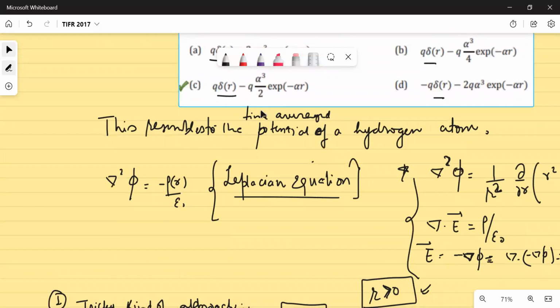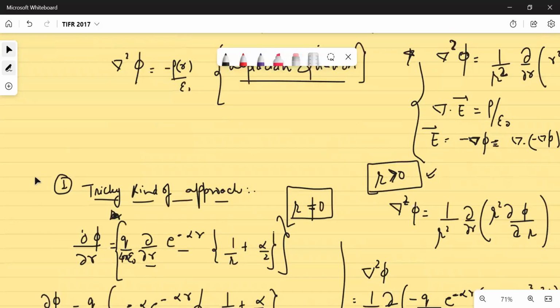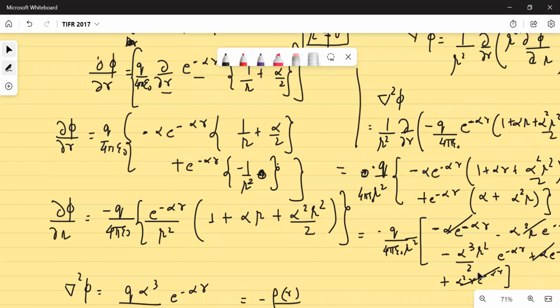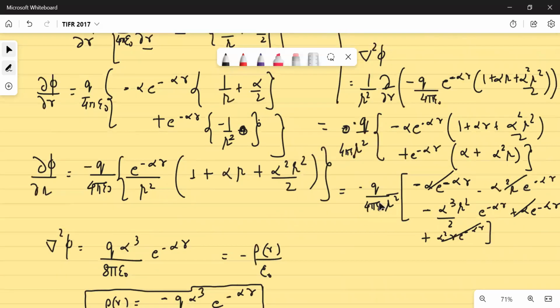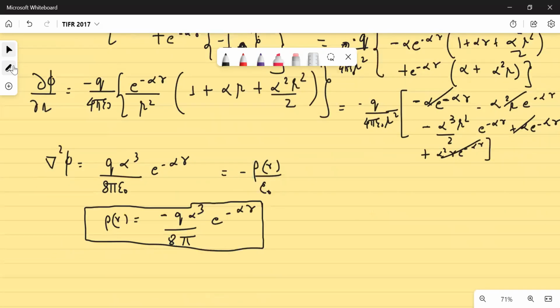What I'm trying to tell is, let's say if 4 pi epsilon naught was not there, then this would have yielded you minus q upon 2. Okay, and anyway, this epsilon naught would have been there. If you multiply it there and you absorb it in this constant, overall, you can say that the most possible answer would be this.